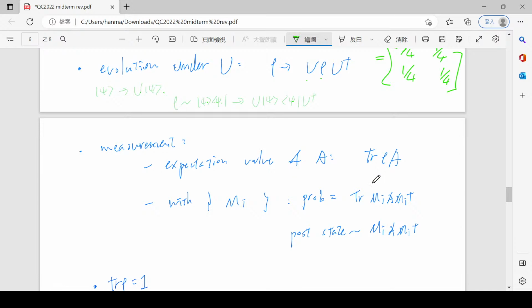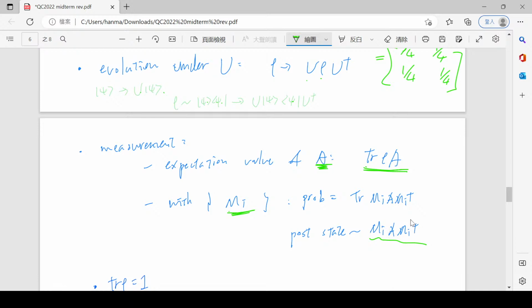If it's the first kind of measurement, you have some operator A and you want to know the expectation value, then the expectation value has this nice form: trace of rho A. But if you want to do a measurement with a set of operators M_i, then the post-measurement state, once again the subnormalized state, will be M_i rho M_i dagger.